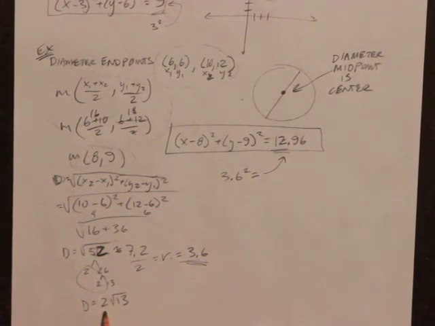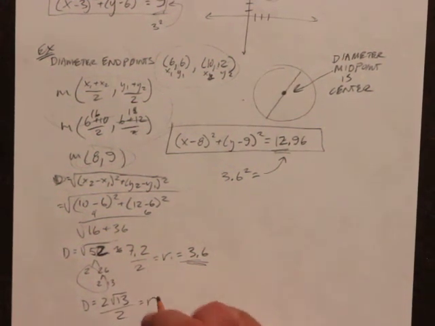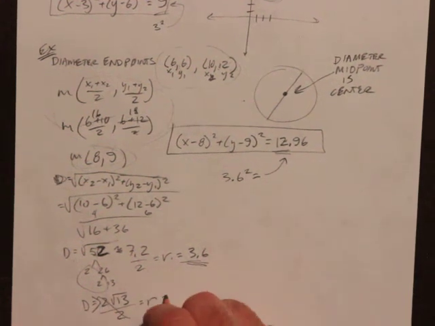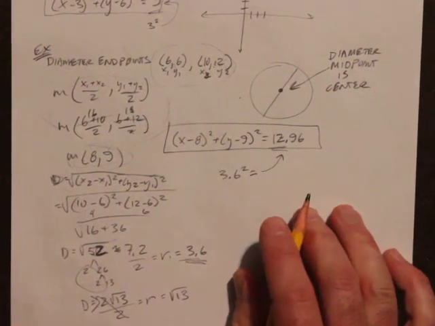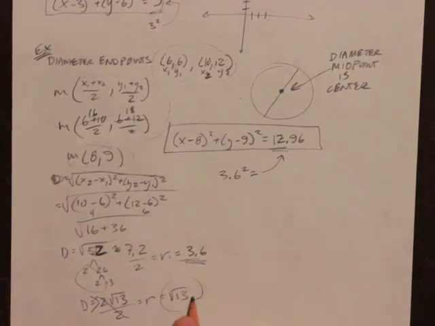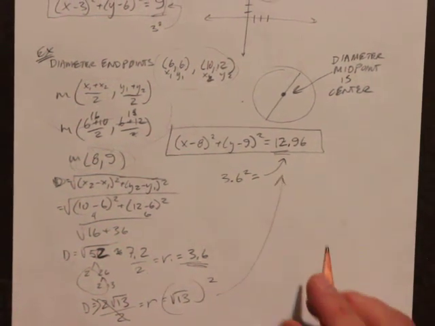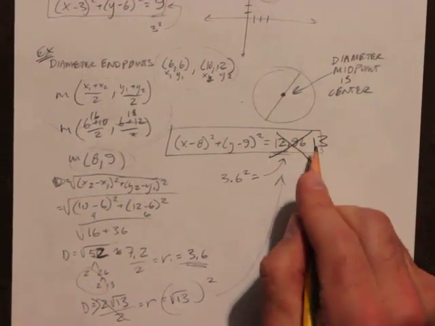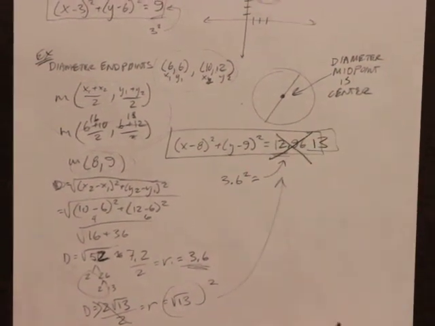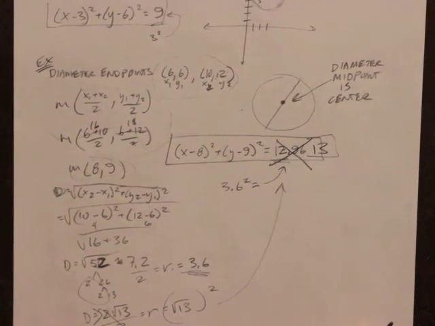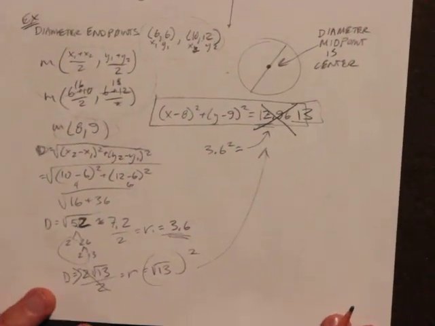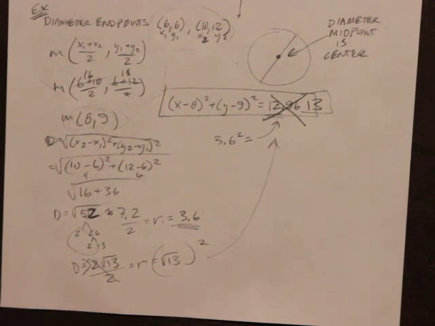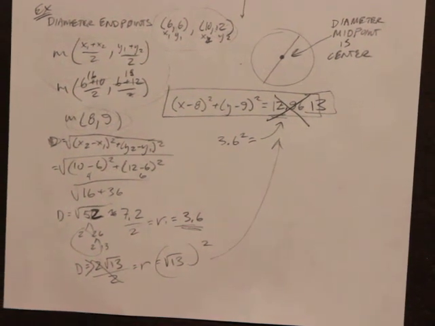Now I divide that by 2 to get my radius, and those go away, so my radius is the square root of 13. And then I square that to put right there, and so I end up with actually 13. That's way nicer than 12.96. Ooh, I like that way better. I like that, leaving it in terms of a radical and not rounding at all.